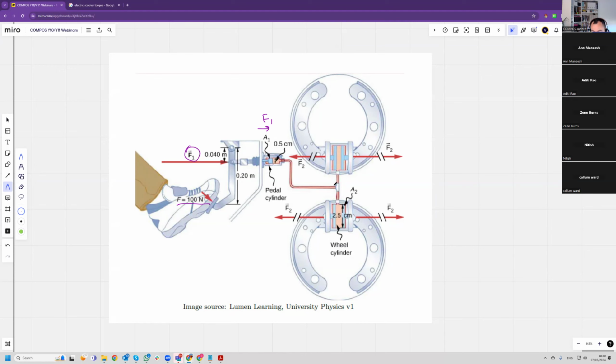But the pressure in the piping is always the same. So the pressure here, P1, is equal to P2. And we know the diameter of this cylinder is 2.5, and the diameter here is 0.5. So F2 is equal to 2.5 divided by 0.5, squared, multiplied by F1. So that force F1 is multiplied by this system because this is a bigger cylinder than this.